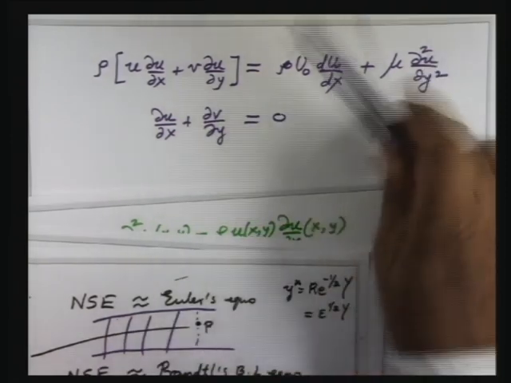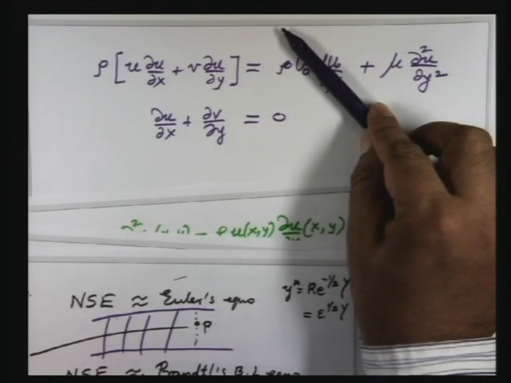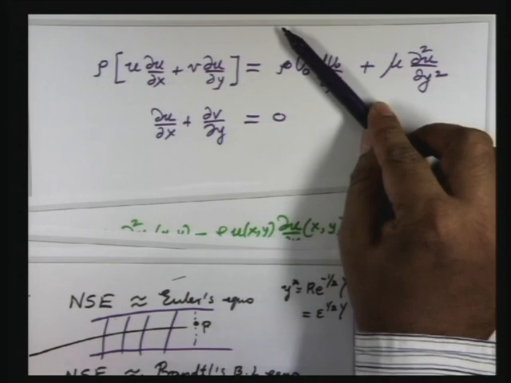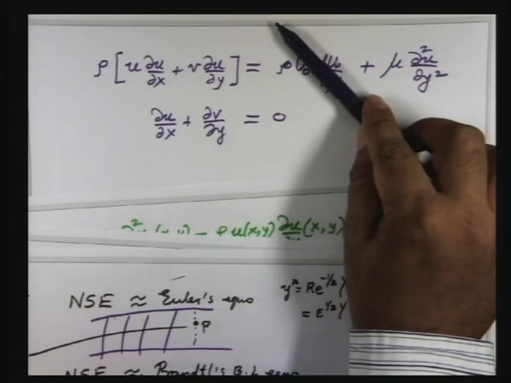So this quantity is known. You have to first solve the Euler's equation in the outer region and find what is u0 of x. Evaluate the slip velocity at the wall, and from that you can find the pressure gradient.